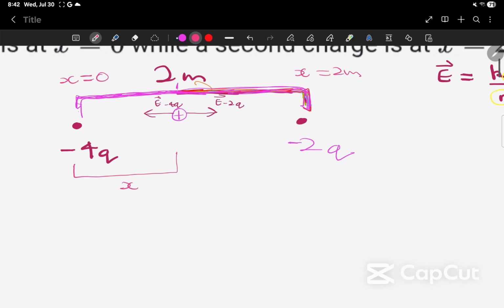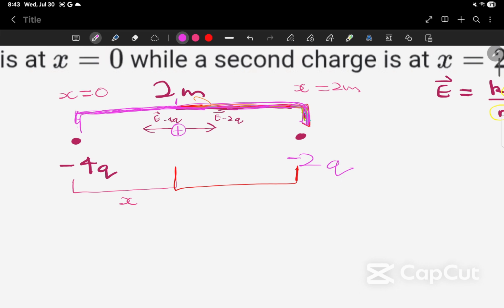And then in this region over here, the distance between the positive test charge and the negative 2q charge is this entire distance, which is 2 meters minus x.